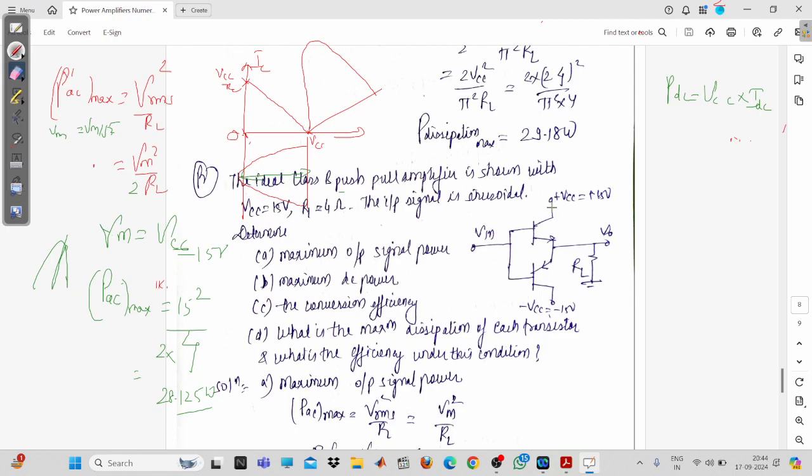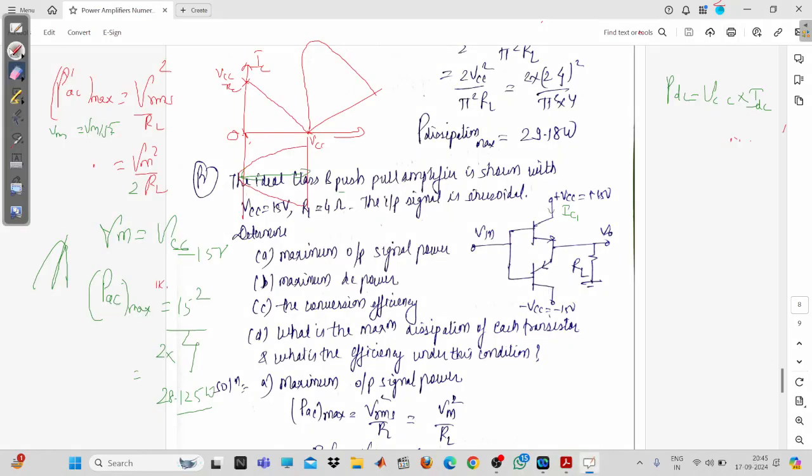Because of this voltage, IC1 current will be flowing in this direction, and because of the second supply voltage, the IC2 current is going to flow here. In this case, this IC1 will be active only from 0 to pi, and this one will be active from pi to 2 pi. So in that case, IDC will be equal to IC1 DC plus IC2 DC.